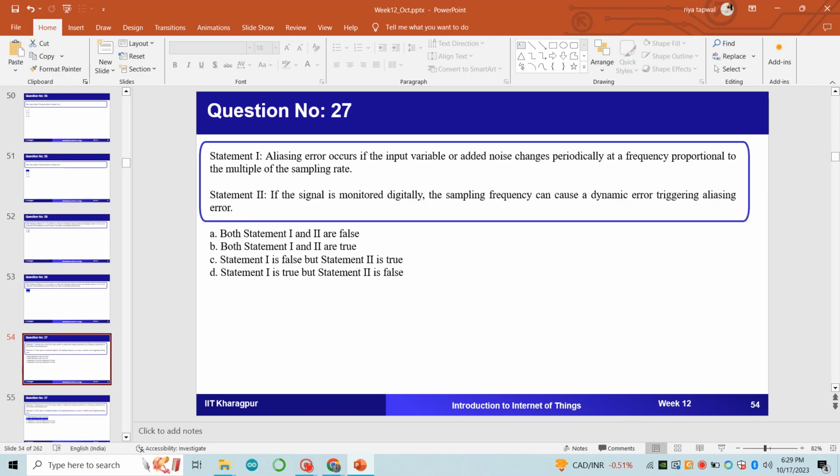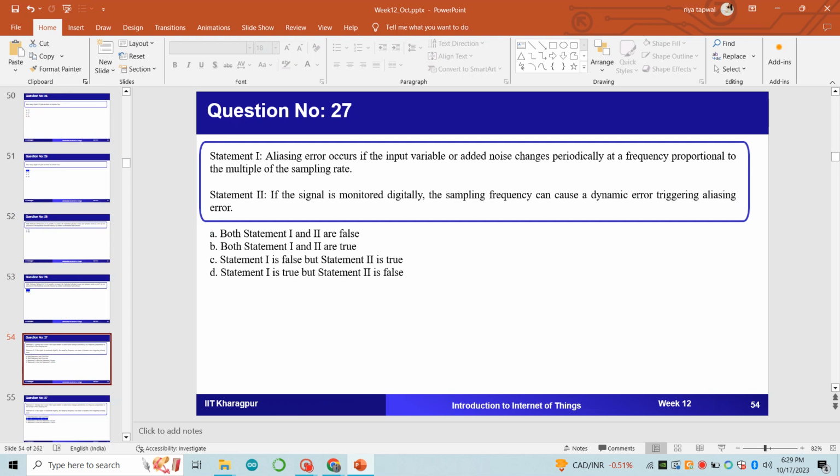Next question: two statements are given, and you have to tell which statement is true and which is false. Statement 1: aliasing error occurs if the input variable or added noise changes periodically at a frequency proportional to a multiple of the sampling rate.